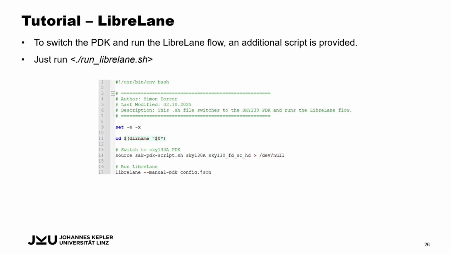For example, this sak-pdk-script, and then you can switch to a Sky130 PDK, because at startup, by default, currently the IHP PDK is loaded. And if you don't use the design init file, you at least can do this here to switch to the Sky130 PDK. And by executing this shell script, you switch to the Sky130 PDK and you run the LibreLane flow.